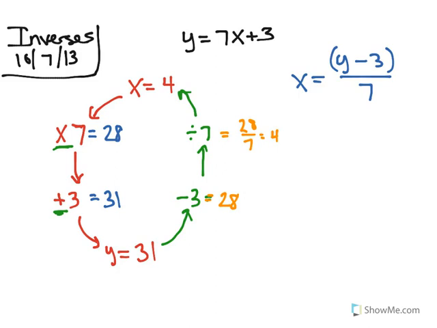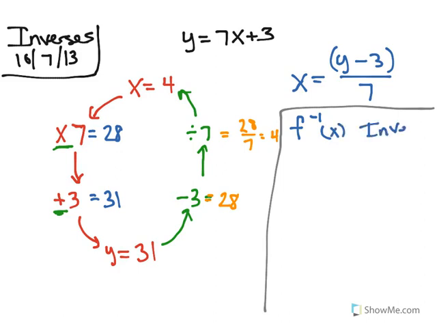Now, since we can't have an equation start with x equals, because we'll have a really difficult time graphing it, what we'll do is introduce a new notation. To show that we're talking about the inverse, I let f to the negative 1 of x be the notation to show that this is an inverse of f of x.